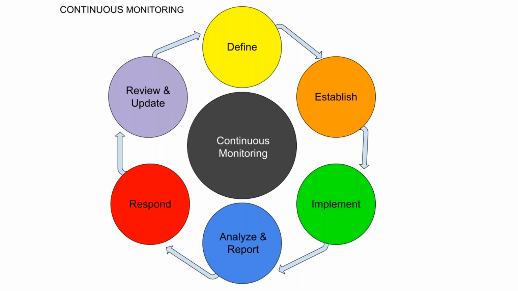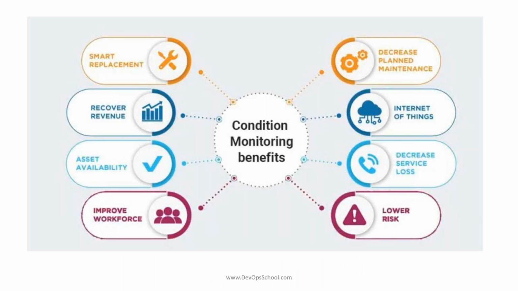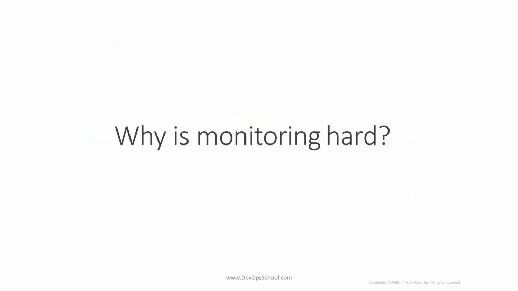We have been doing these things for many years. Some of the benefits are smart replacement, recover revenue, assess availability, improve workforce, decrease planned maintenance, Internet of Things, decrease service loss, and lower risk. These are some of the advantages.